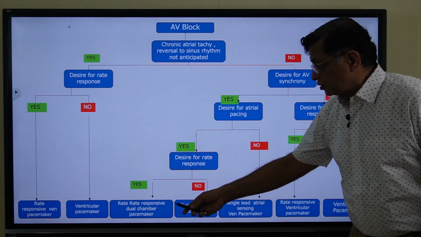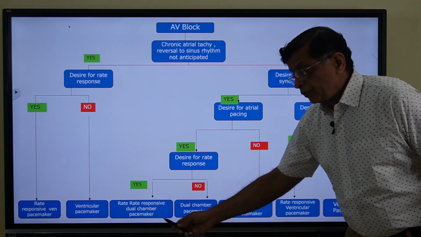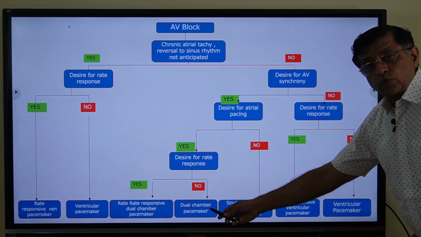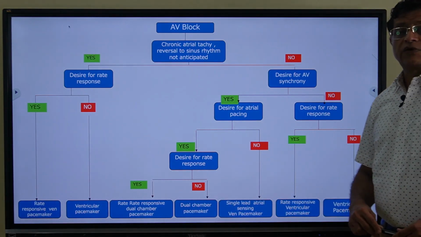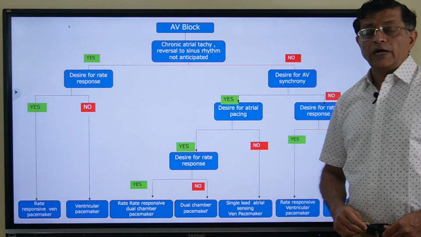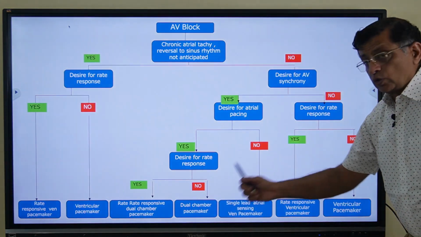If you want rate response, then you can go in for a rate responsive dual chamber pacemaker. If you do not want rate response, then you can go in for a simple dual chamber pacemaker. This is an option for a patient who is say a 70-year-old and who opts for a dual chamber pacemaker. This is a good option.